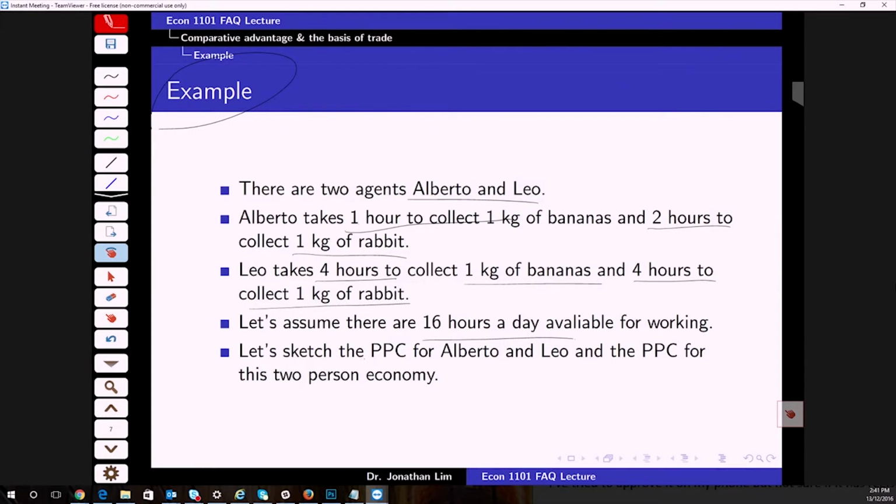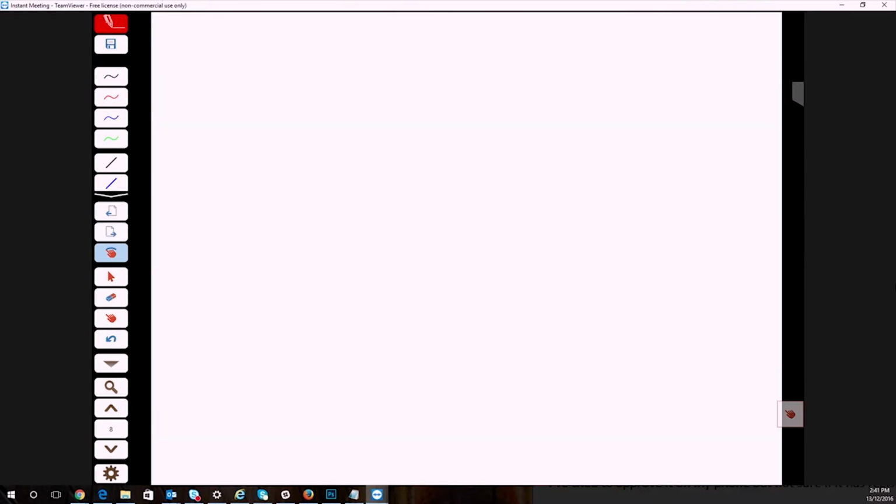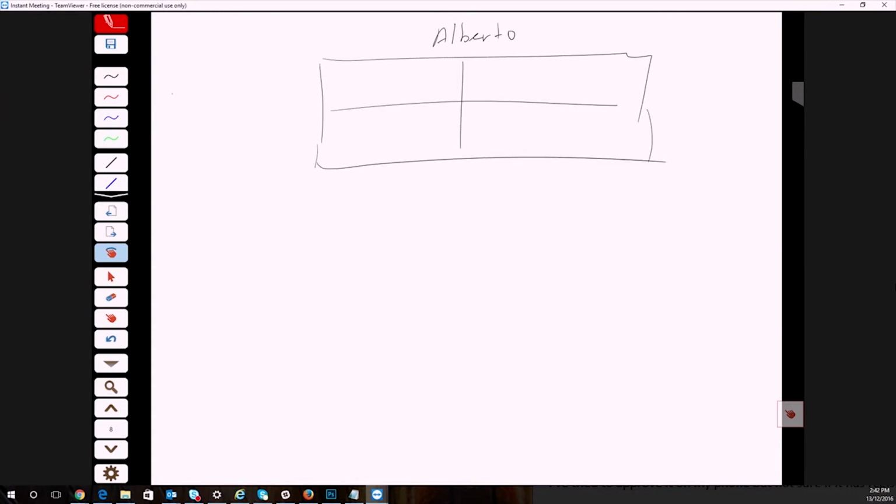Let's first try and sketch the PPC. The PPC is always fairly easy to do. What I always suggest is that you always construct a table. Alberto, and you have Leo. So you have rabbits, and you have bananas.